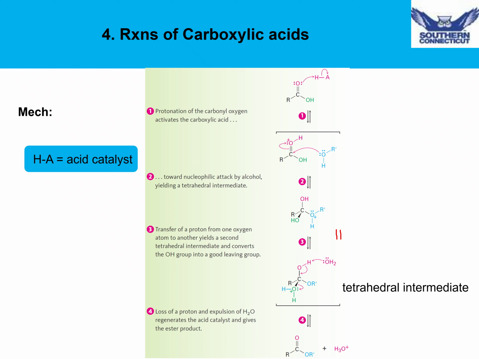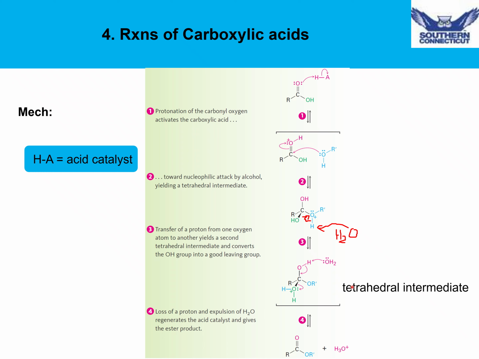So either water or some other base in the reaction can pick up this proton, break that bond, give those electrons to the oxygen, get rid of the positive charge on the oxygen, and that leads us to this tetrahedral intermediate.